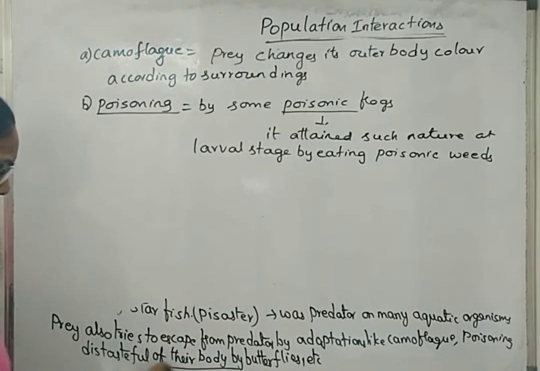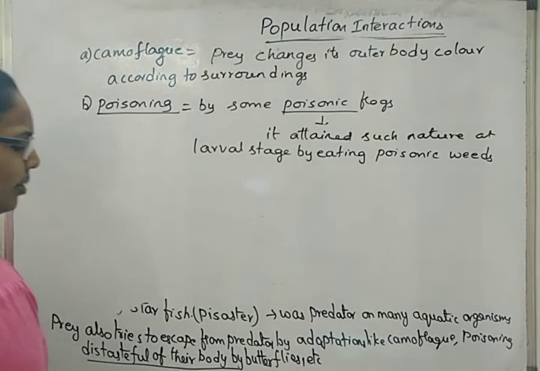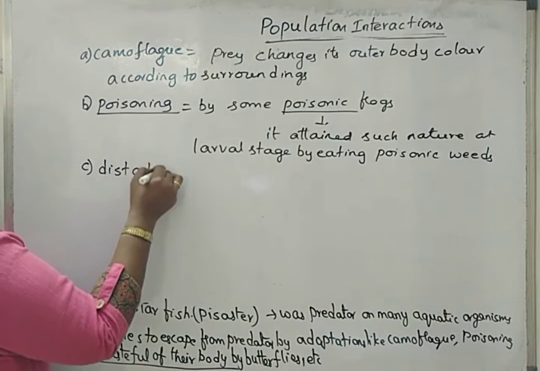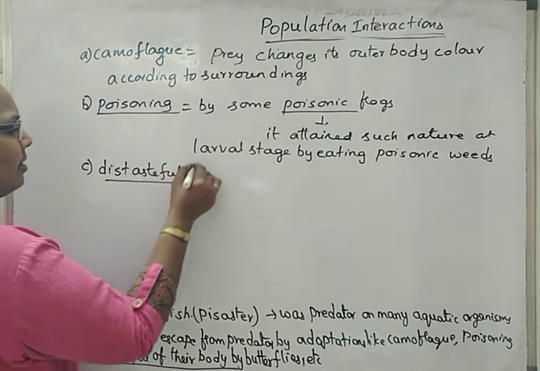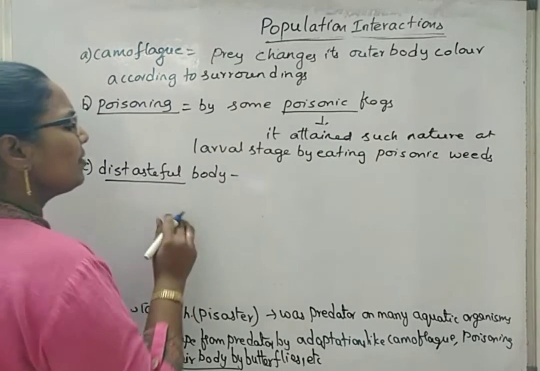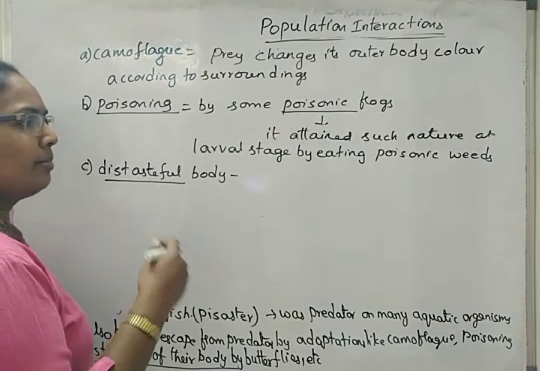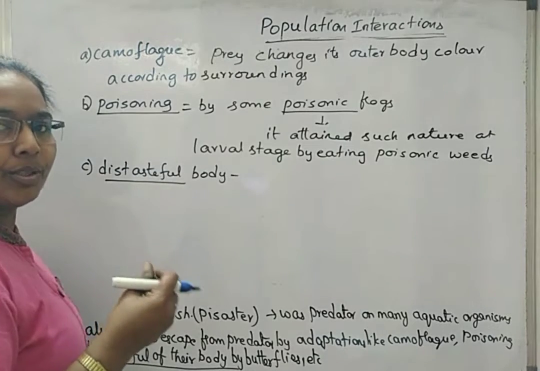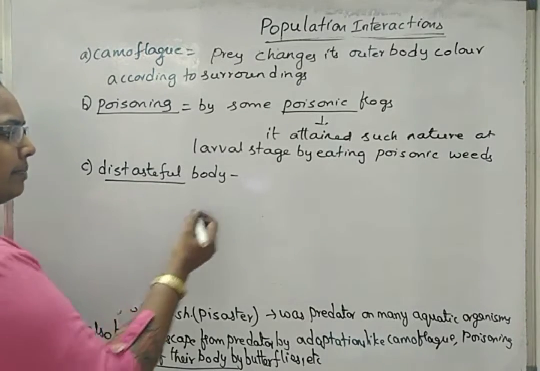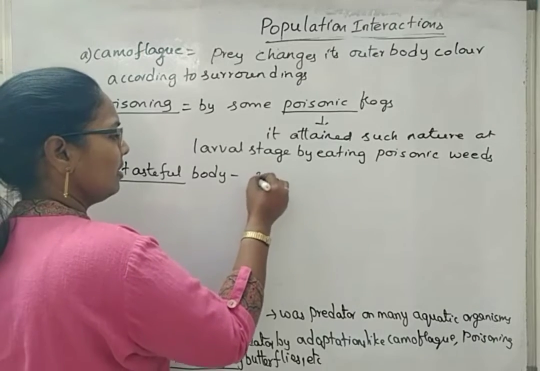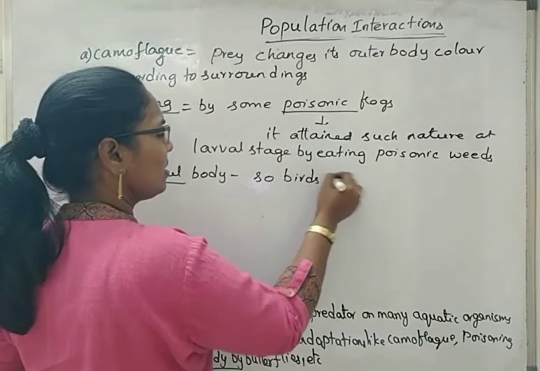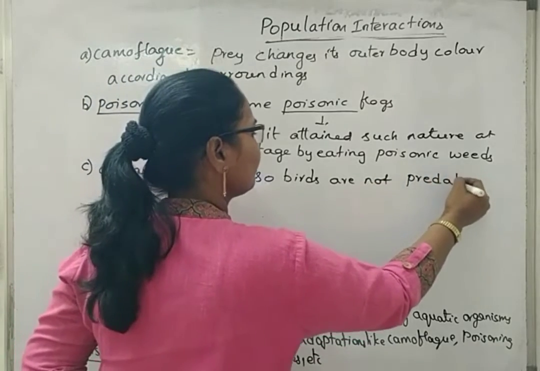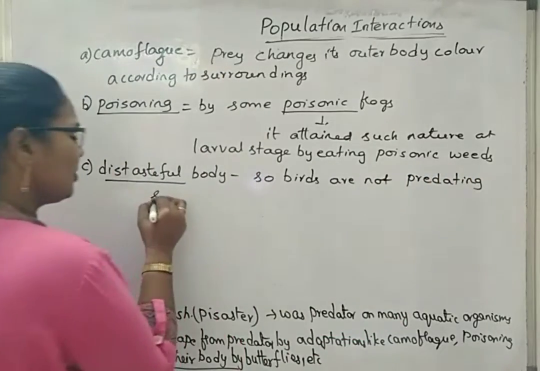Next one, distasteful body by butterflies. Some types of butterflies have converted their internal body organs into distasteful structures so that birds cannot eat them. So, birds are not predating such species.